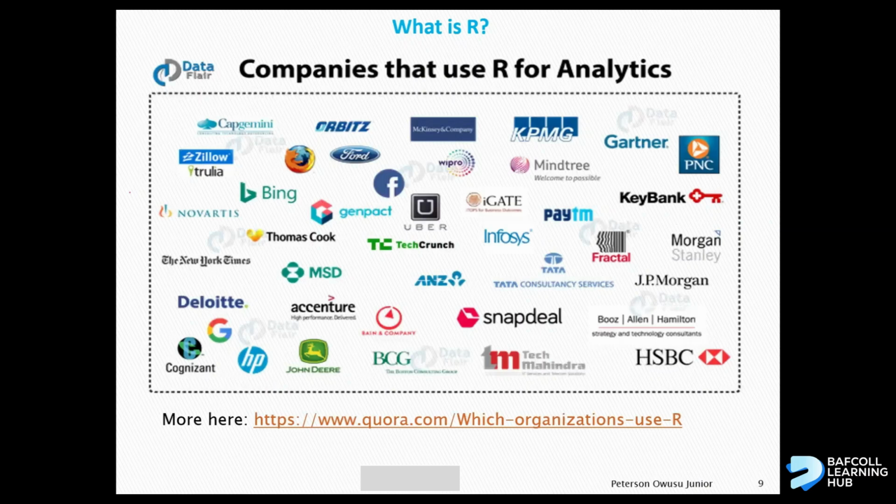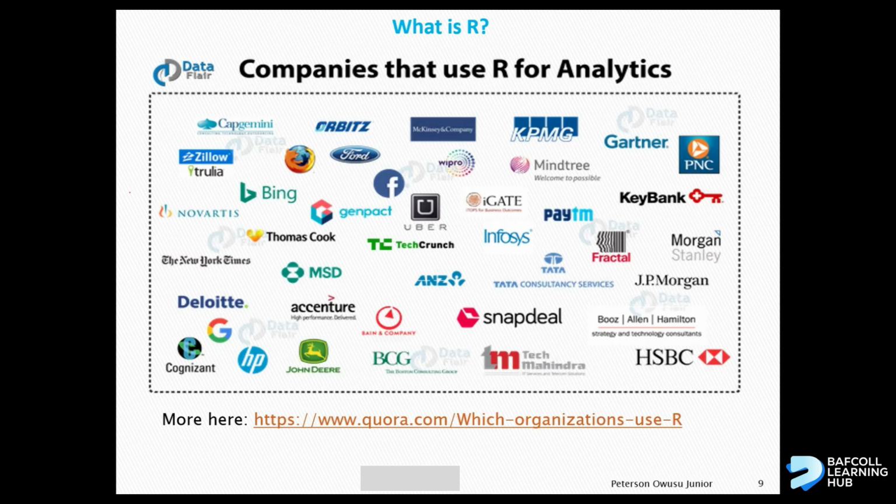How useful and how popular is R? Is it of any good use? Here are a few examples from companies. They may use them in different specific ways, because open source software like R and Python are very versatile, so you can incorporate them into different activities in the business. This is a number of companies that use them.